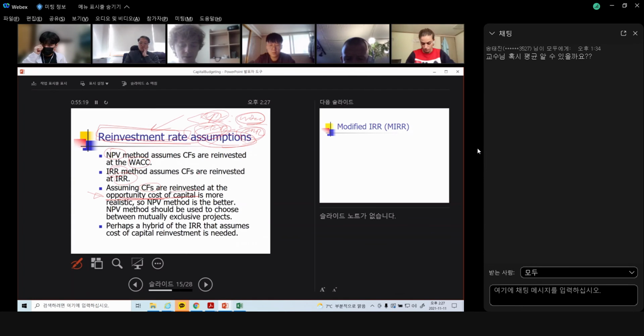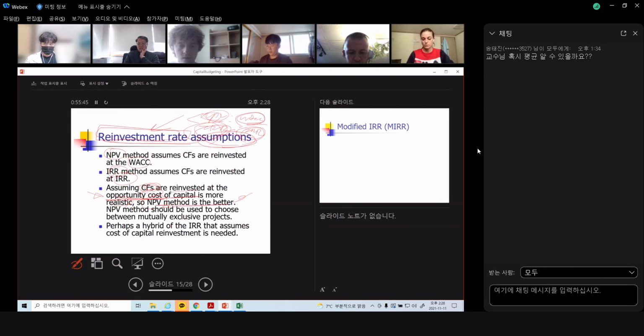In that context, the cost is opportunity cost. So even if we do not use the money directly, we should consider it as opportunity cost by the same token. So assuming cash flows are reinvested at the opportunity cost of capital is more realistic, logical, rational. So the NPV method is better.